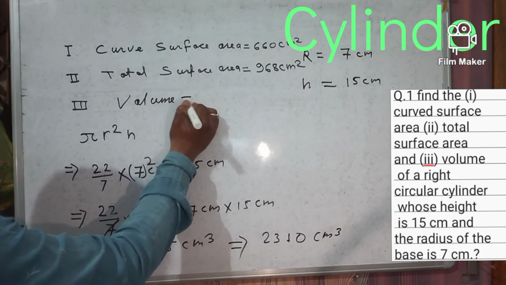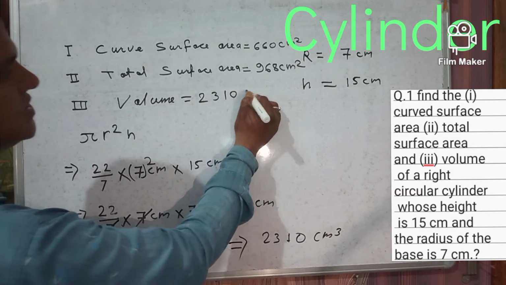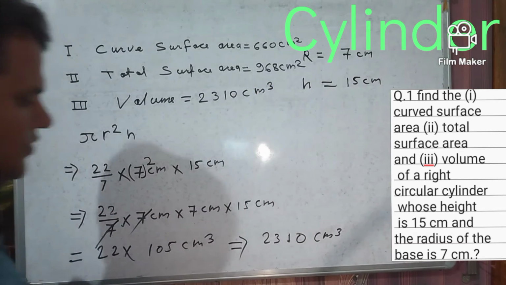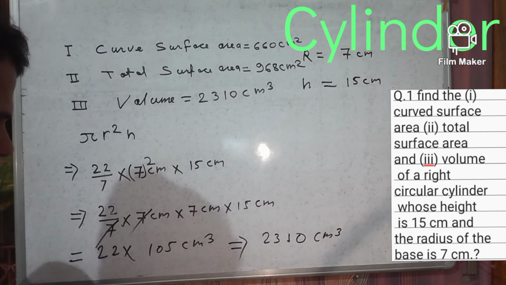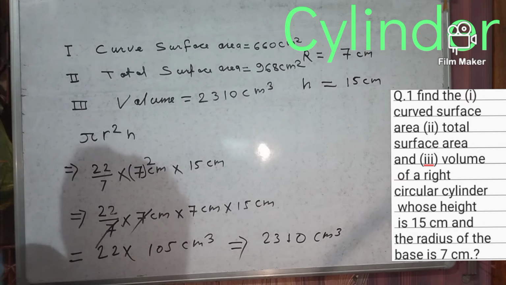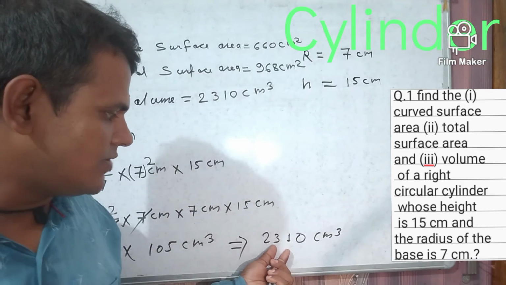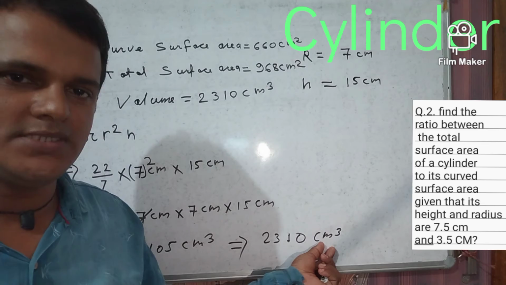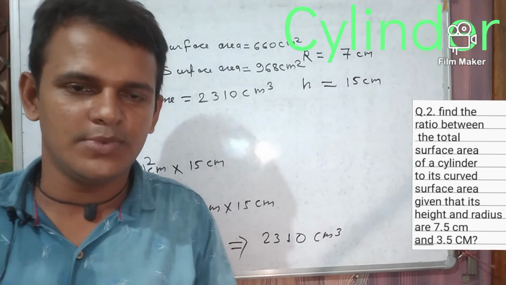So volume is equal to 2310 centimeter cube, right friend? 22 into 105 you can multiply. So after multiplying it comes 2310 centimeter cube. Okay, so let's move to question number 2.